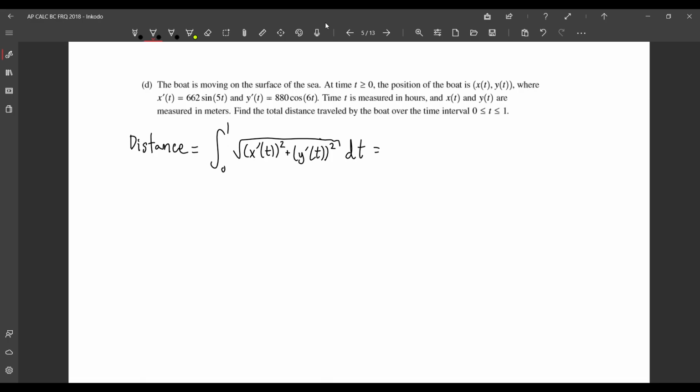So this is 7.456 meters. Oops, that was really ugly. I'm so sorry. Okay, so that is that, with 2 seconds to spare.